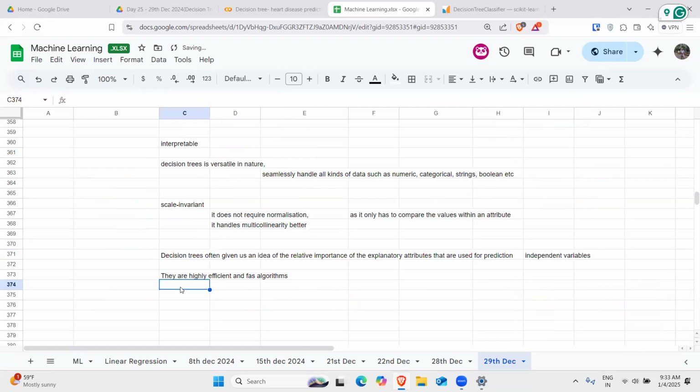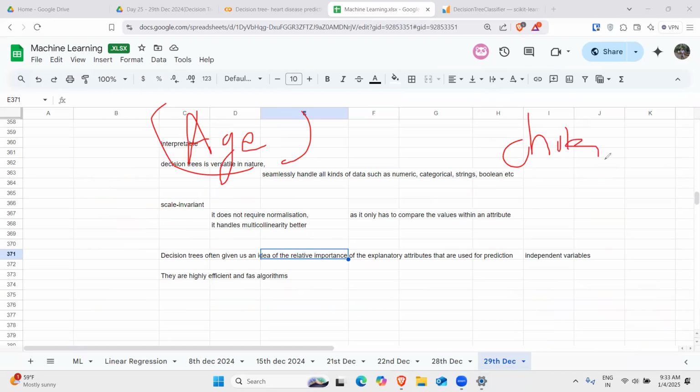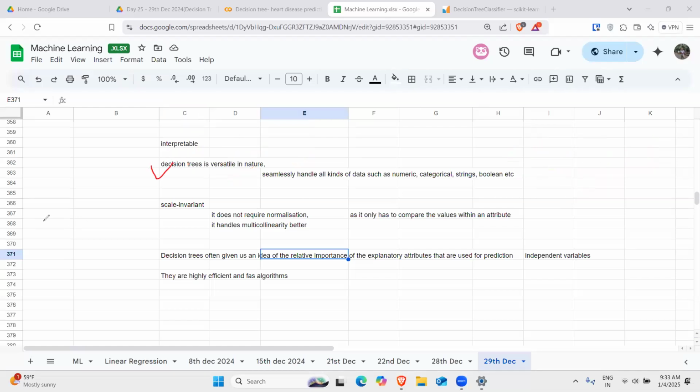So the decision tree gives an idea about the relative importance of the explanatory variable. If the splitting is pure based on some parameter, let's say if I go with the age and I'm getting pure splitting, then I can say that yes, age has high importance rather than cholesterol, because cholesterol is not giving me pure splitting. So by understanding the magnitude of splitting, we get the relative importance of the explanatory variable.